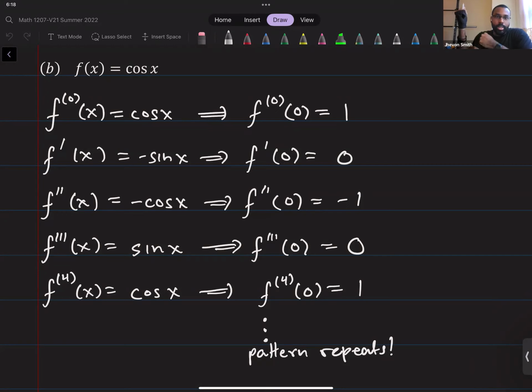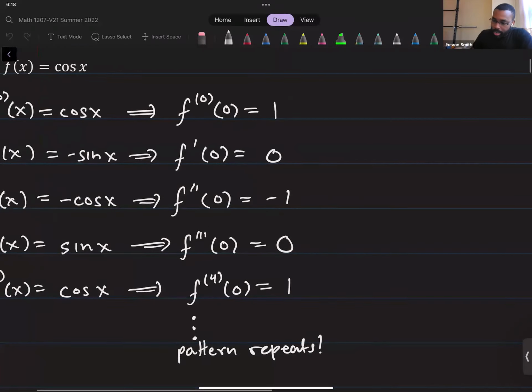And here you'd realize that you can ignore the zeros for all odd n. Here's where n equals 0, here's where n equals 1, n equals 2, n equals 3, n equals 4. Notice that the only time you actually get a non-zero value is when n is an even integer, right? In other words, we can ignore all the odd integers.